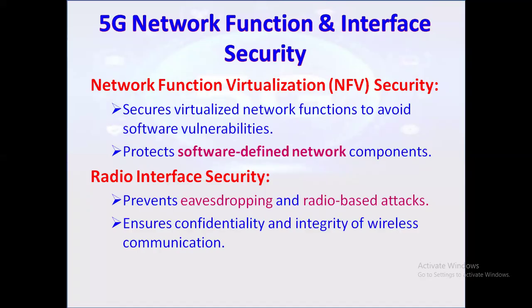Radio interface security safeguards the wireless communication channel, preventing eavesdropping and other radio based attacks. By securing the radio interface, 5G networks ensure both the confidentiality and the integrity of transmitted data, which is essential in wireless environments where data is particularly vulnerable to interception.